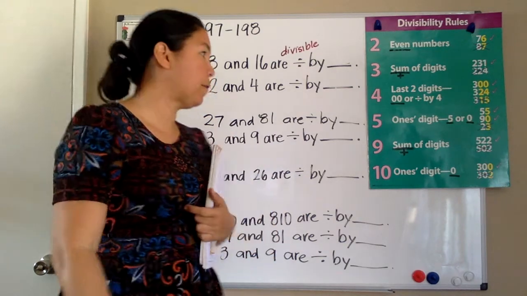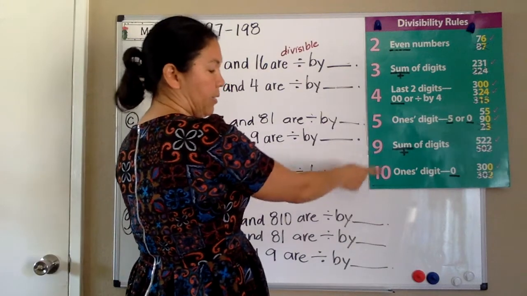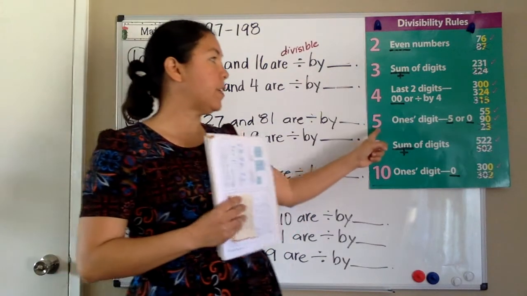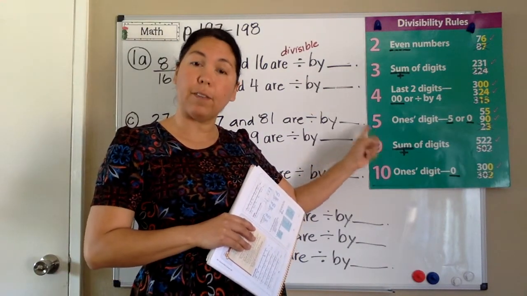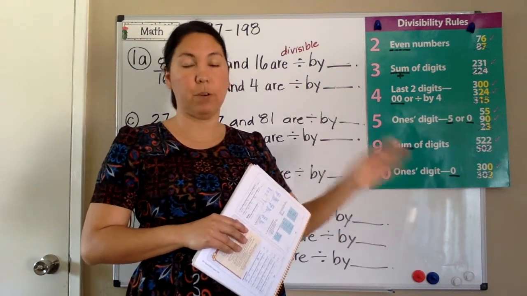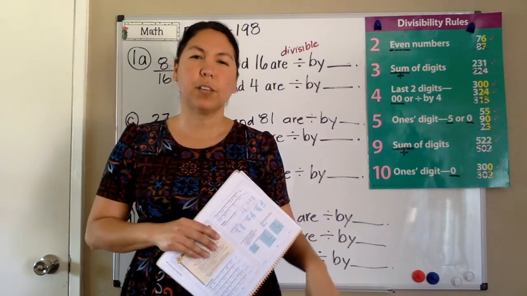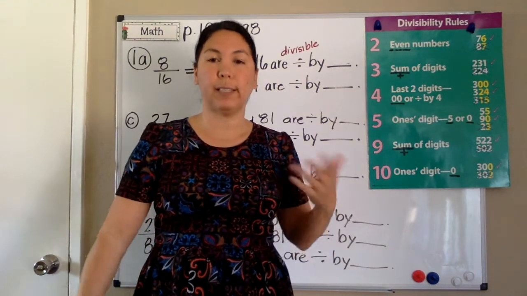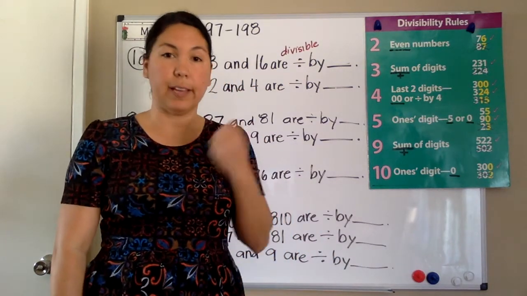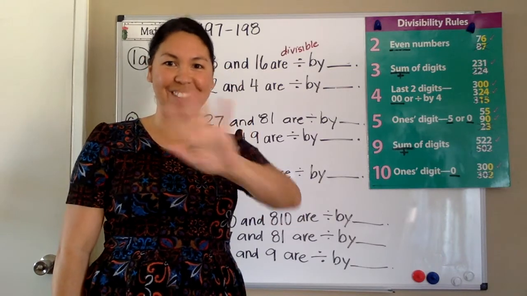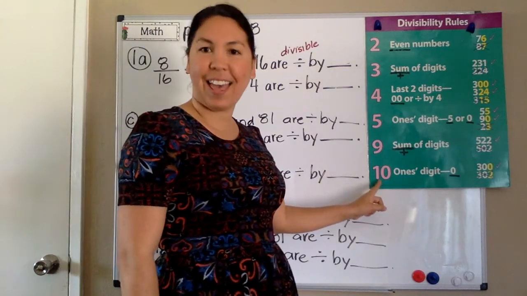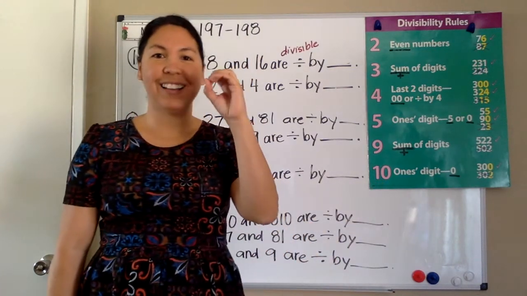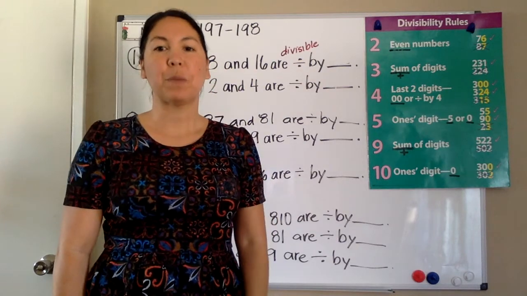For numbers 5 and 10, those ones are kind of easy. They go together. So if a number is divisible by 5, once again, look at the last number, just like with 2's. But instead of looking for an even number, you're looking for a 0 or a 5. So if the number ends in a 0 or it ends in a 5, it is divisible by 5. With 10, if it ends in a 0, it's divisible by 10.